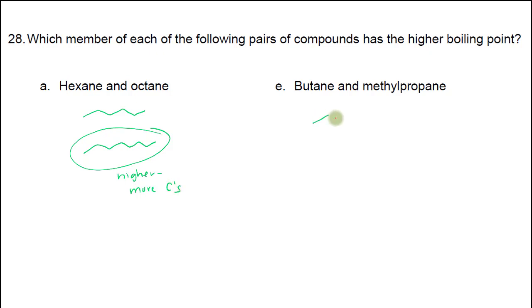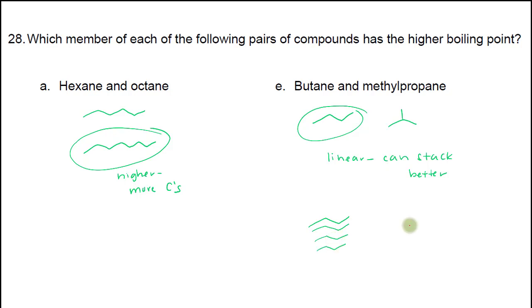And then between butane and 2-methylpropane, this will have the higher boiling point because it is linear and you can stack better. So if you're stacking a whole bunch of those, there's a lot more intermolecular interactions than with this one, which kind of has a ball shape. So if you're trying to stack a bunch of balls, you can't get that many touching each other. There's not as many interactions there.